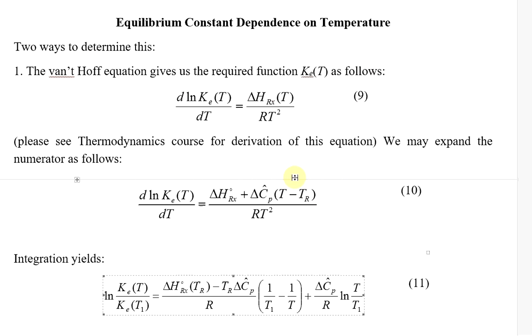So that's the one term. And then if you look at the other term, we've got a T over here, and it's going to be a T, and then there's a T squared in the denominator.